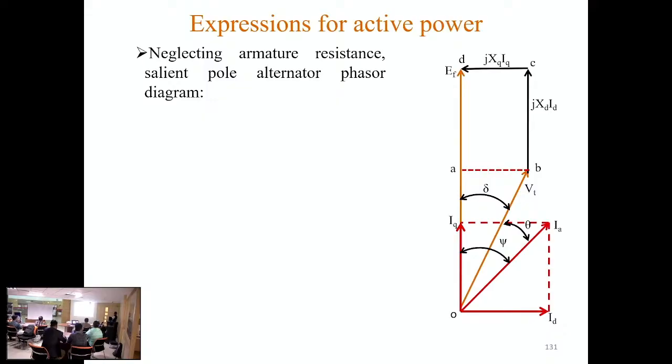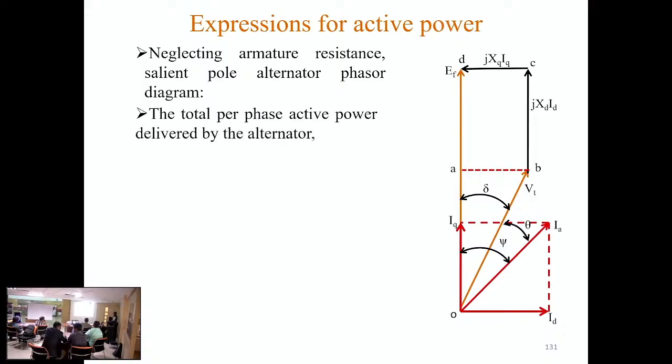Okay, so you can see there is no resistive drop here, only two reactive drops. So the total per phase active power delivered by the alternator, we can write this equation: that is Id into Vt sin delta plus Iq into Vt cos delta.